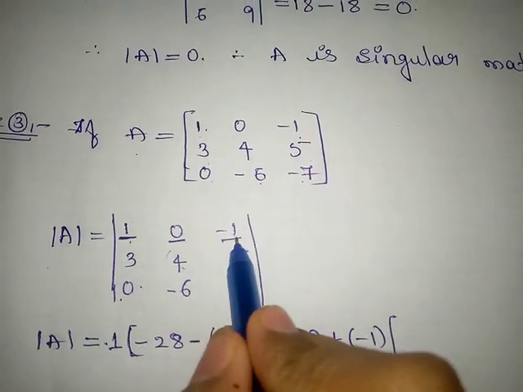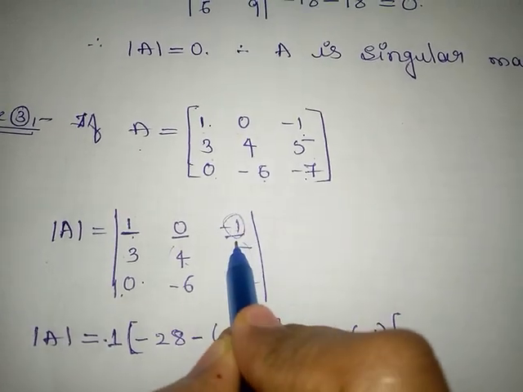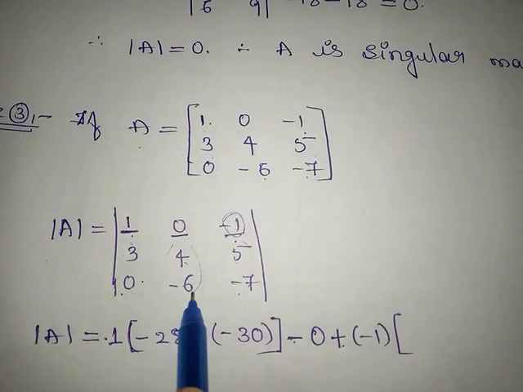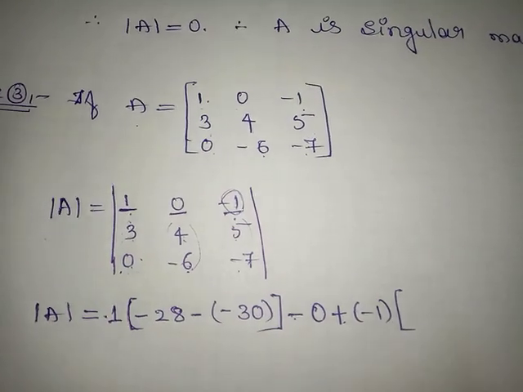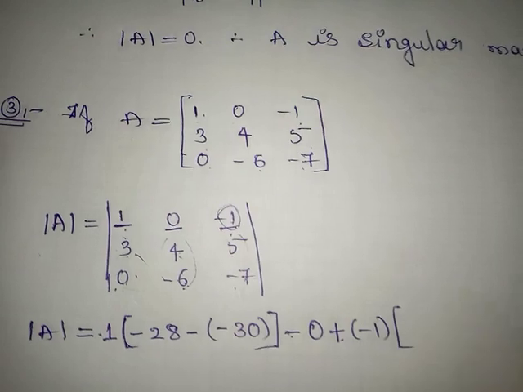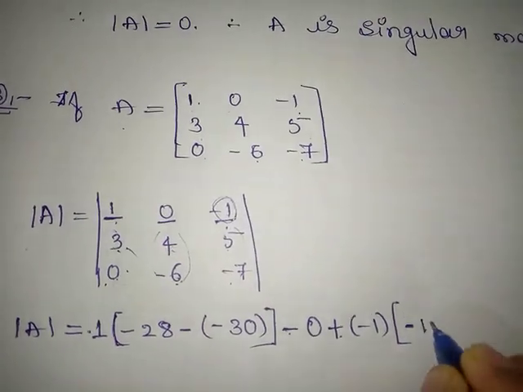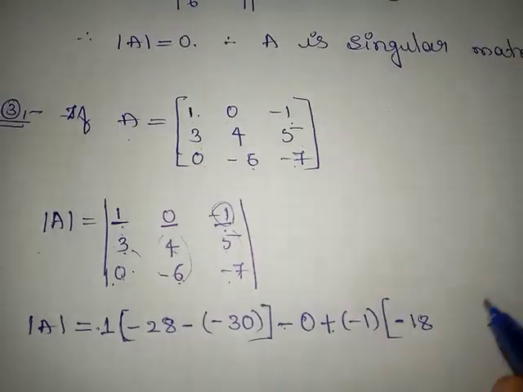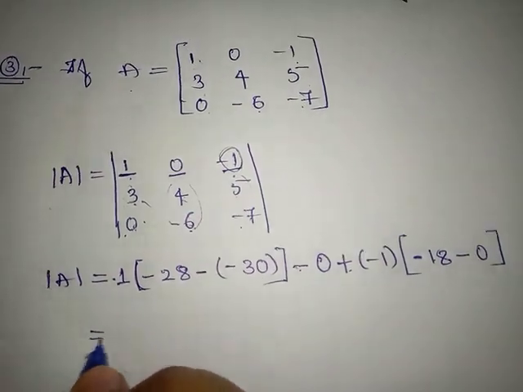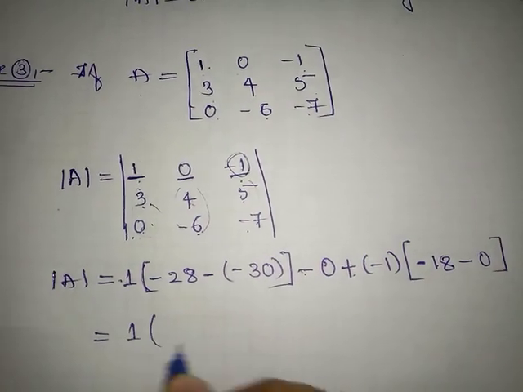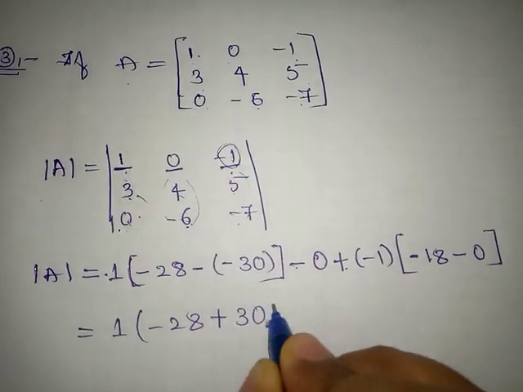Now neglect the column and row which has this term. Then the elements are 3, 4, 0, minus 6. Now multiply 3 and minus 6, it is minus 18. Then 0 into something is 0, so minus 0. Here it is 1 into (28 minus 30), which is minus 2.